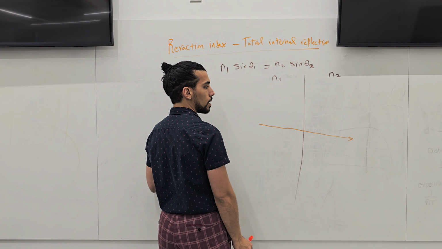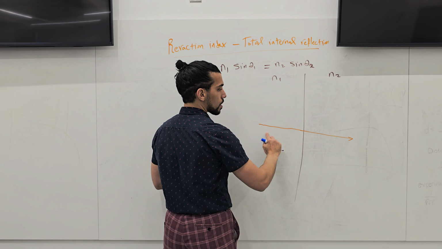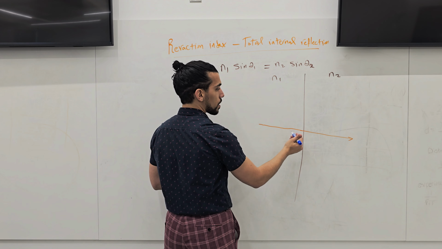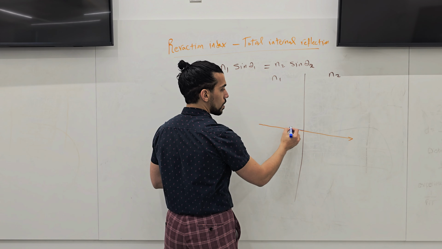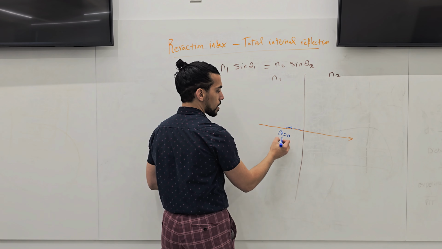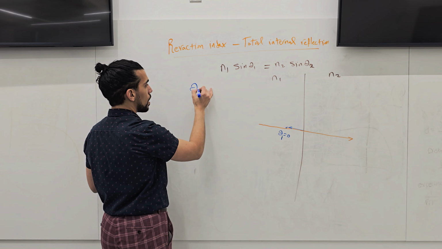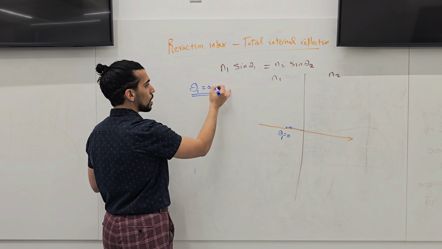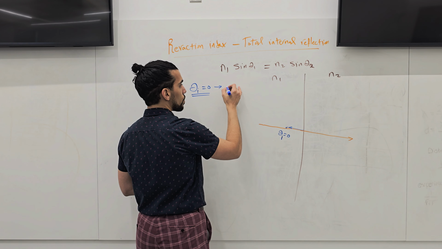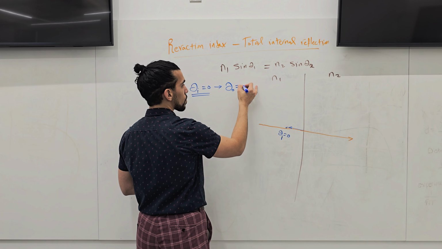We usually call the angle between the incident ray and the normal to the surface equal to 0, the incident angle. And when the incident angle is equal to 0, the refracted angle is going to be 0 as well. So the output angle is also 0.